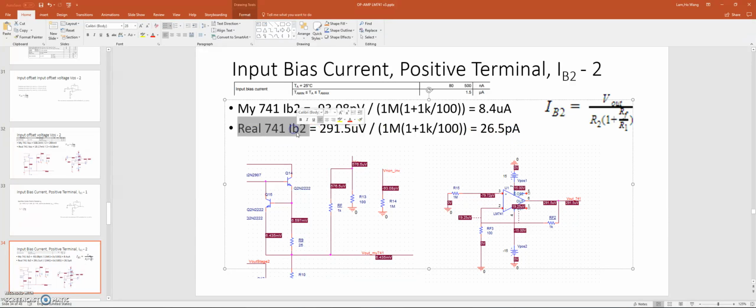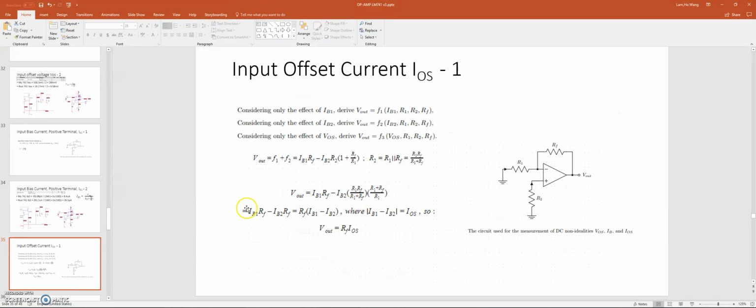For the actual 741, it is in the range of the datasheet, and for ours it is 8.4 microamp, which is a lot higher than what the datasheet says.